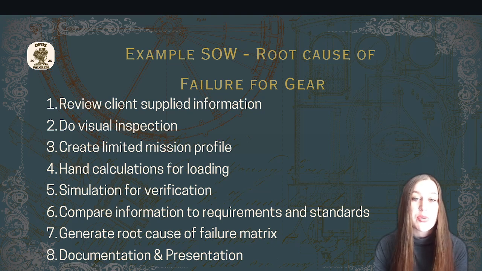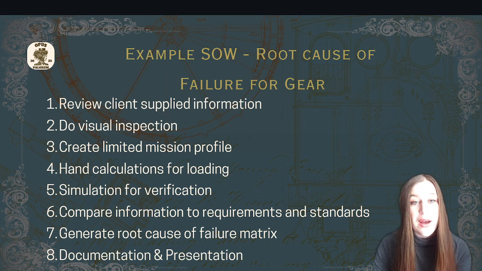This limited mission profile sets out the parameters that you will use when analyzing the loading that was experienced by the gear. This analysis may be one step, hand calculations, or multiple steps with a finite element analysis simulation. You may complete an inspection on the failed part if it is still available.